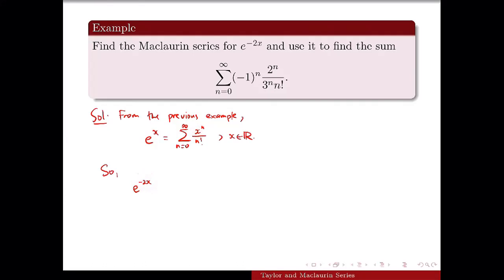Correct? e to the minus 2x is just the sum of minus 2x raised to power n over n factorial, from 0 to plus infinity, or this will be the sum from n equals 0 to plus infinity of negative 1 to the n, 2 to the n, x to the n over n factorial. And the equality holds, again, for any real number x.